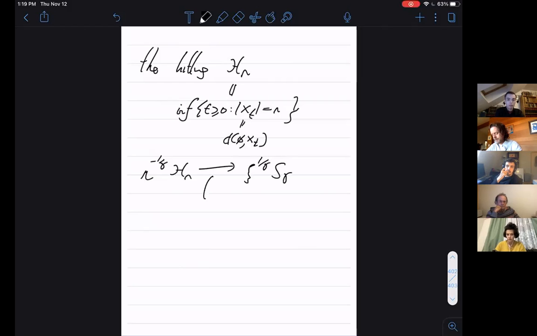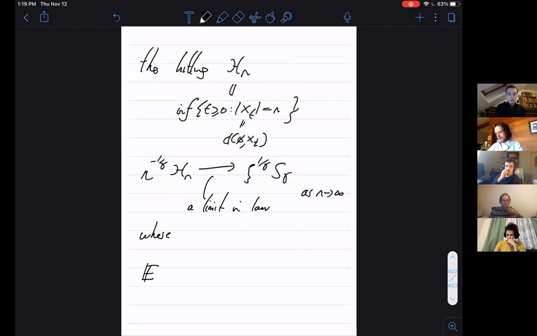This is a convergence in law, as n tends to infinity. So there's these characters on the right-hand side. It's a random object, a random variable.